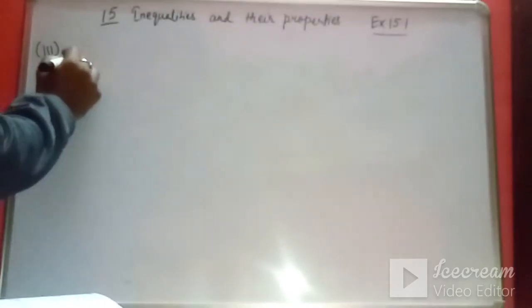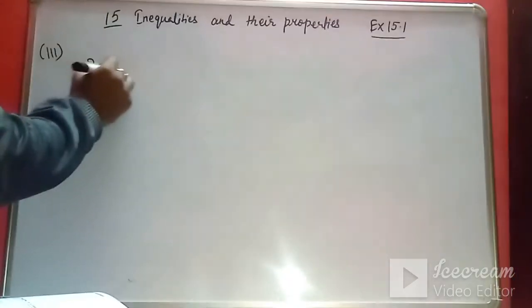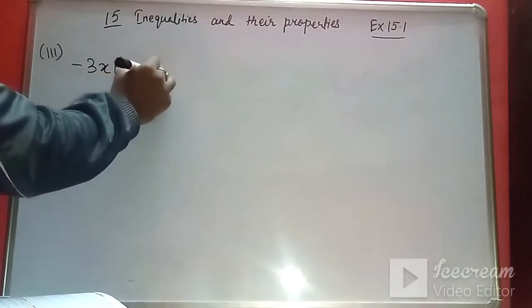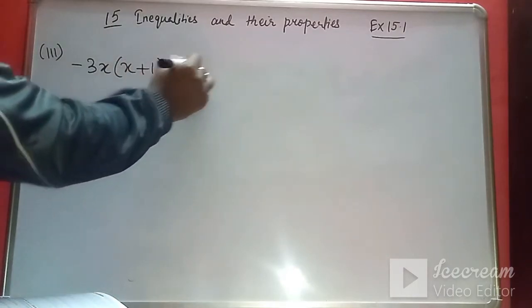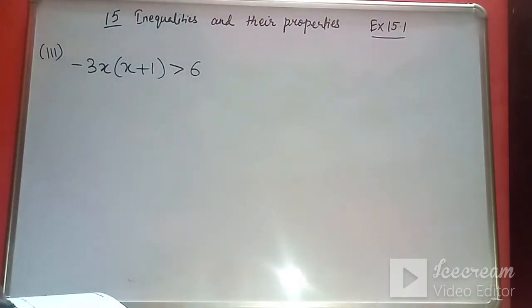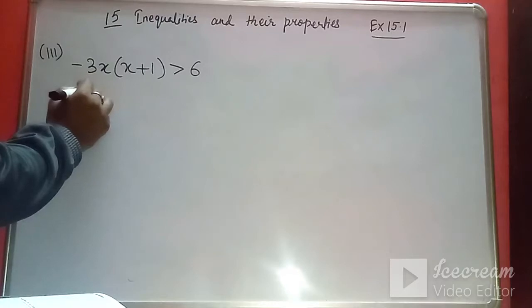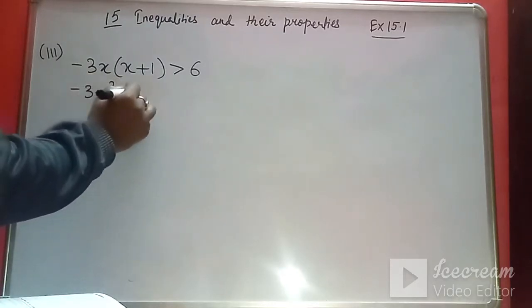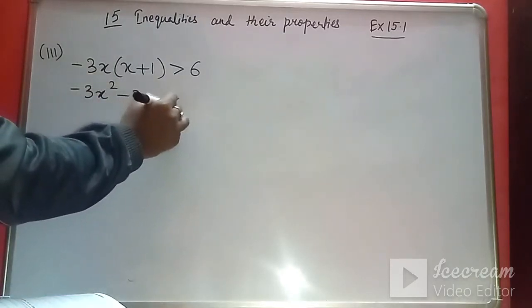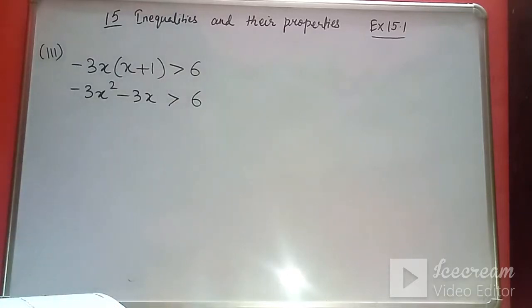Okay, then see question number 3. It is minus 3x times x plus 1 greater than 6. So I am going to multiply it inside. It will be minus 3x square minus 3x greater than 6.